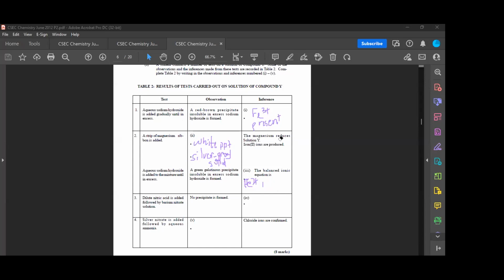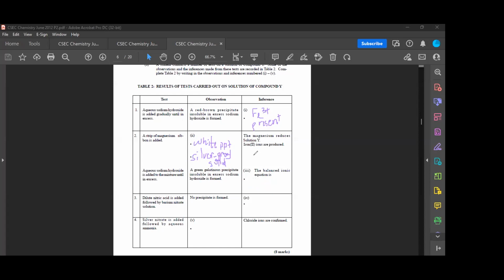So, sir, for this equation, why didn't we have Fe2+ plus NaOH to Fe(OH)2 plus Na? Why was the sodium not present in it? All right. Sodium is known as a spectator ion.